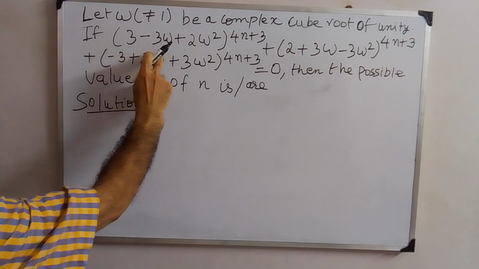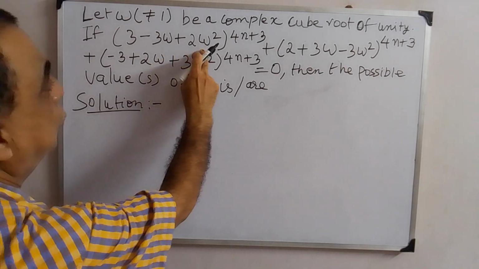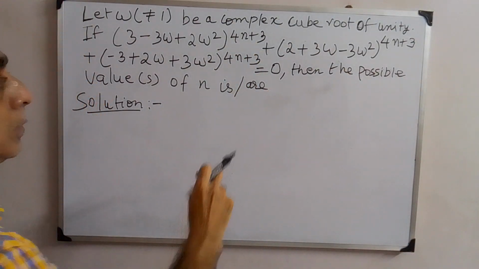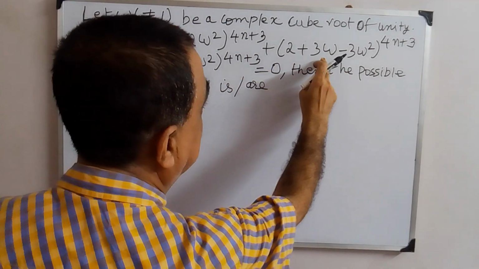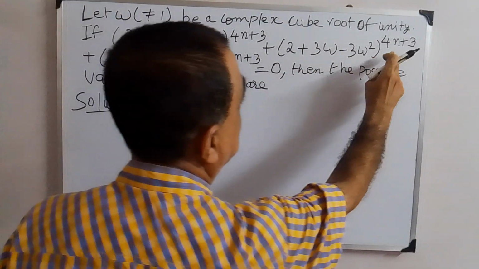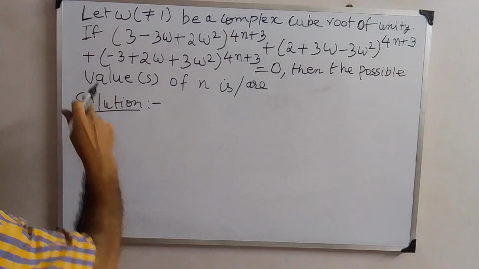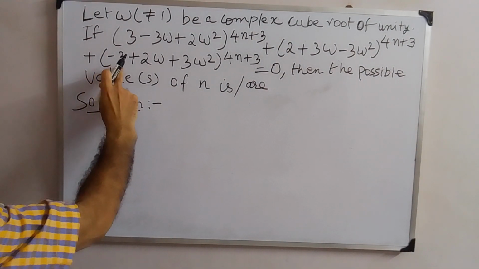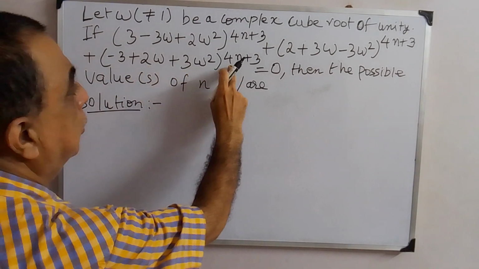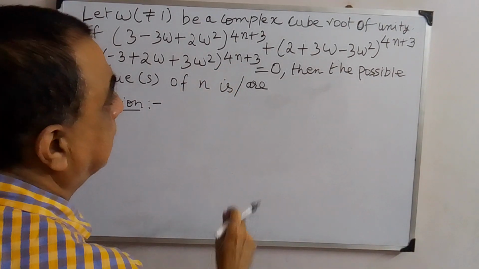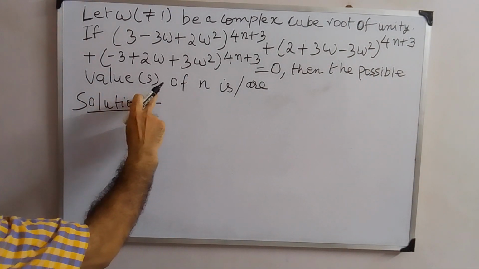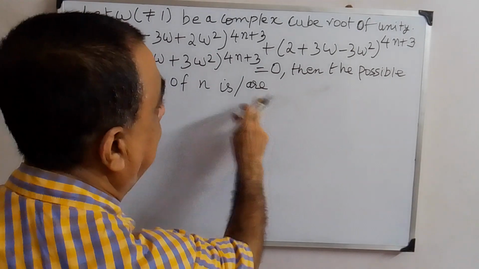If (3 - 3 omega + 2 omega squared) to the power 4n+3, plus (2 + 3 omega - 3 omega squared) to the power 4n+3, plus (-3 + 2 omega + 2 omega squared) to the power 4n+3 equals 0, then the possible values of n is or are.